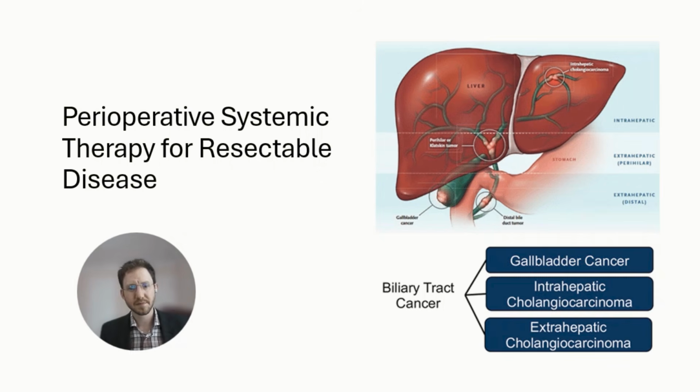And finally, I'm going to not do this topic justice because it would be a complete talk within itself, but I did want to touch on systemic therapy just briefly when it comes to the resectable disease population. Okay.